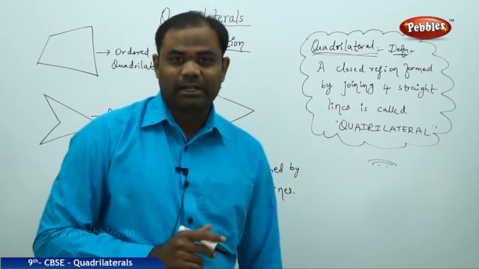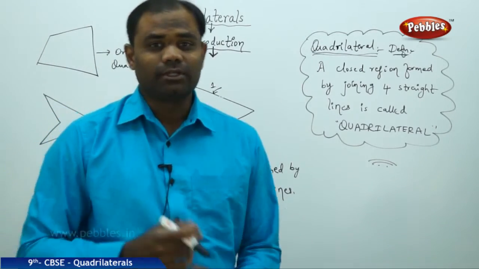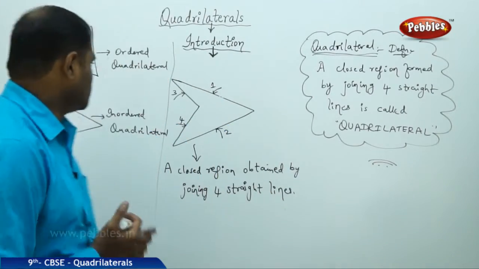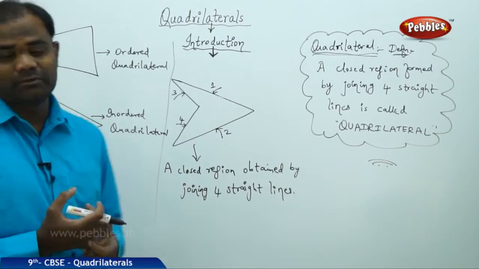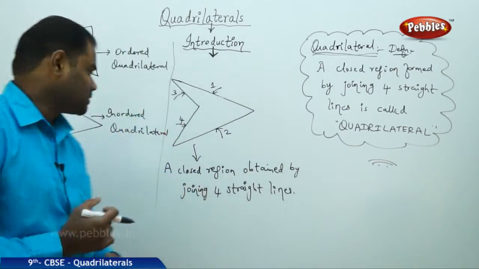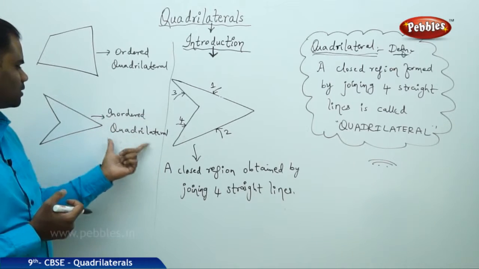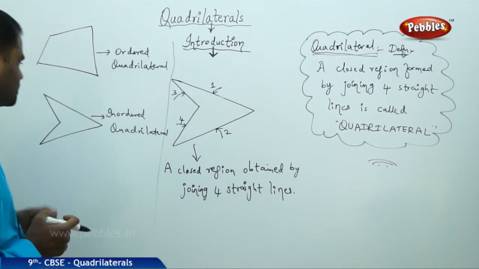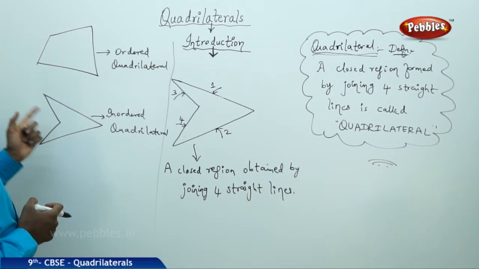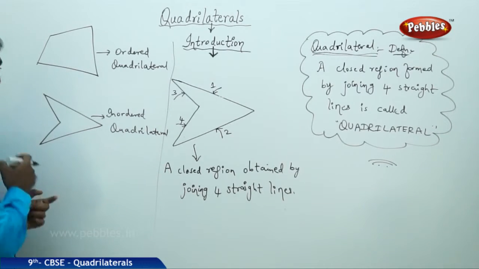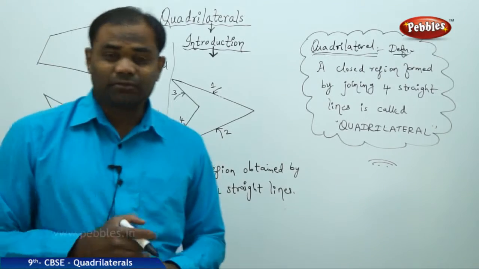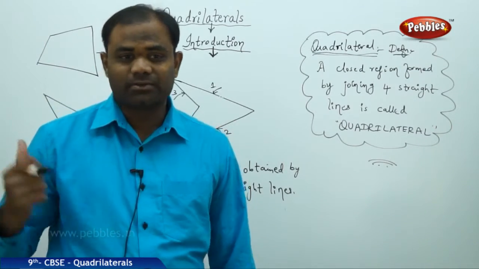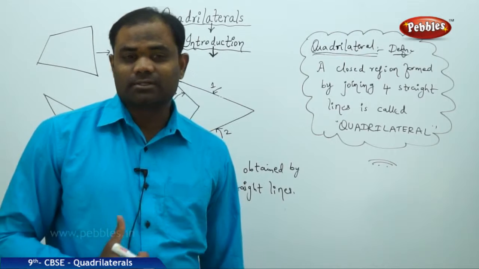Therefore, a quadrilateral can be understood in 2 types. One is the ordered quadrilateral, which we have seen in the previous case, and secondly, the inordered quadrilateral, which is in this form. Inordered in the sense that they are not exactly in order, but they are cut in between. The collinearity of points is what we take into consideration in understanding this concept better.